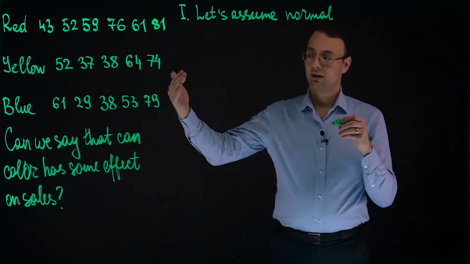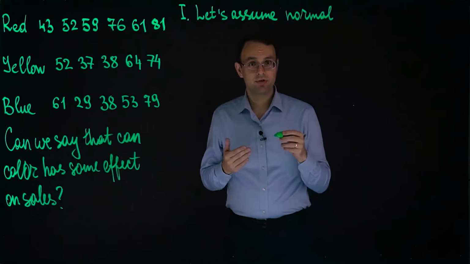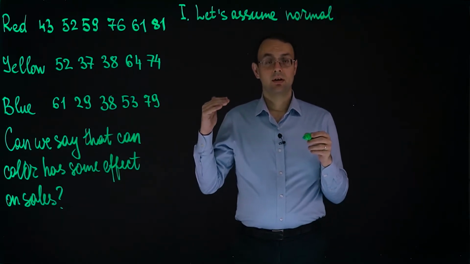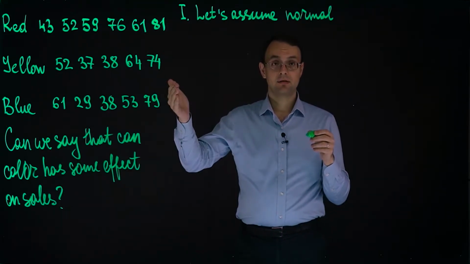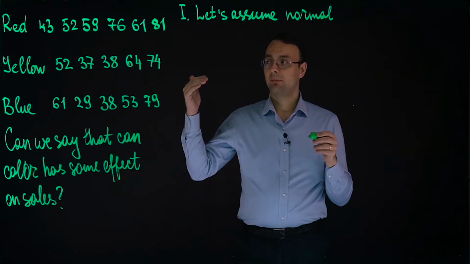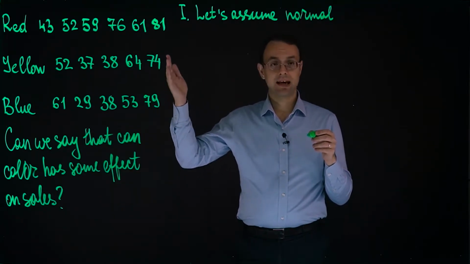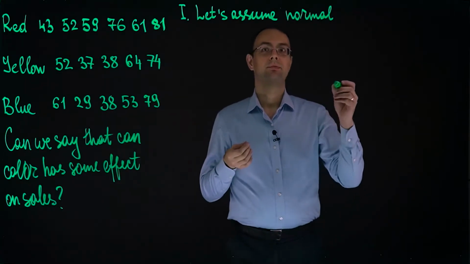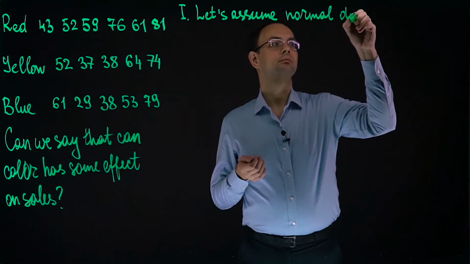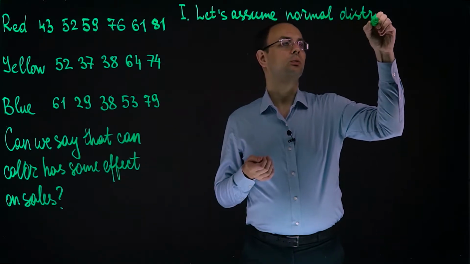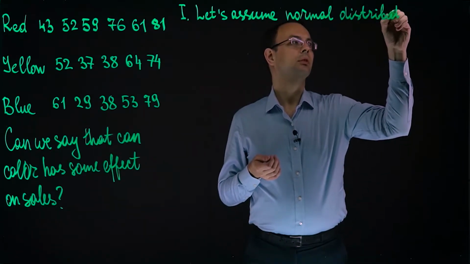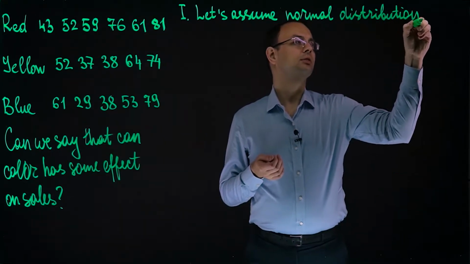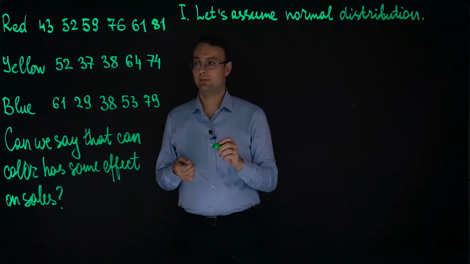So in this example, the response is sales. The factor is can color, and factor levels are red, yellow, and blue. And so we now assume the normal distribution of the response.